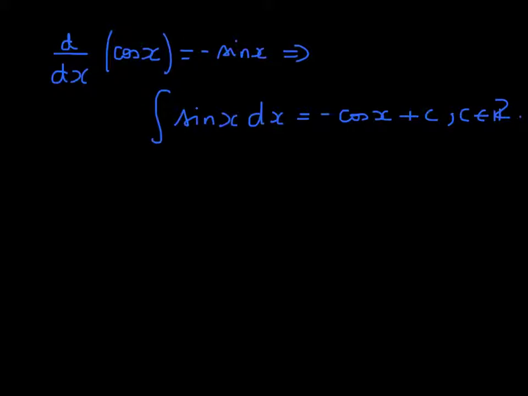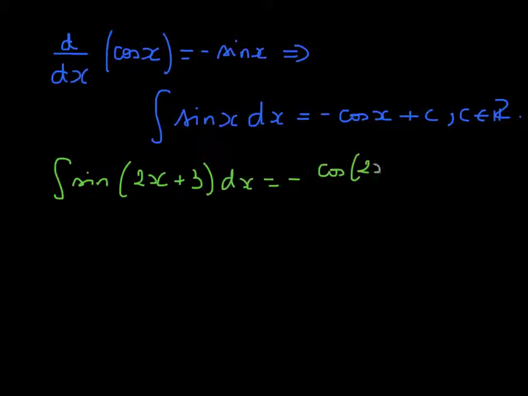Now, anti-chain rule, let's call it anti-chain rule, integral sine of 2x plus 3 dx is minus cos 2x plus 3 over 2.